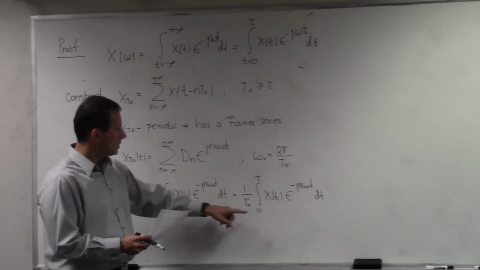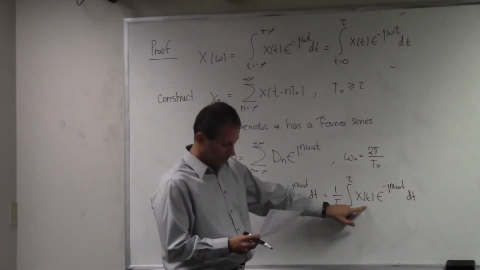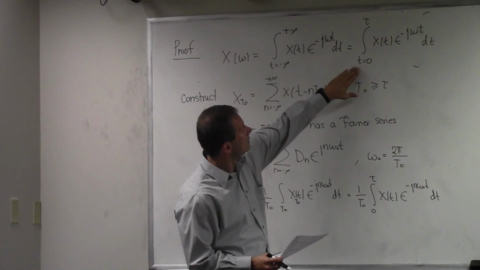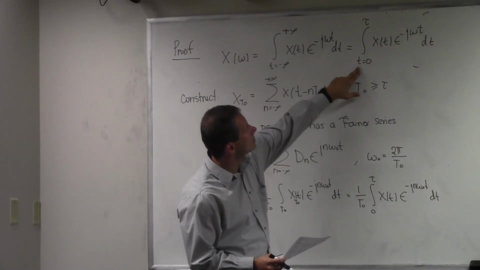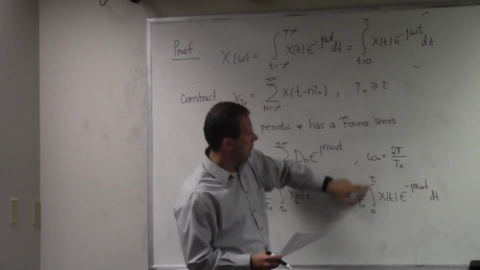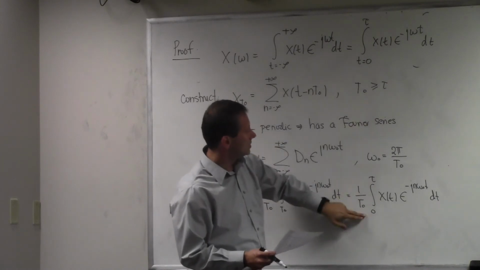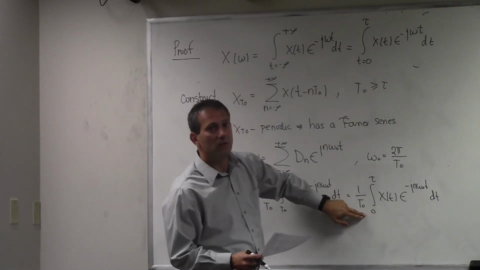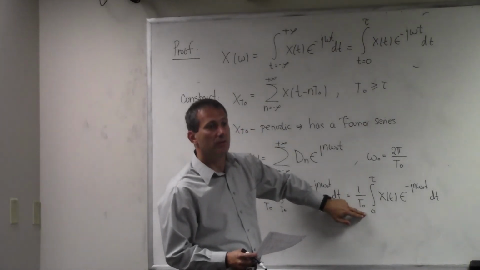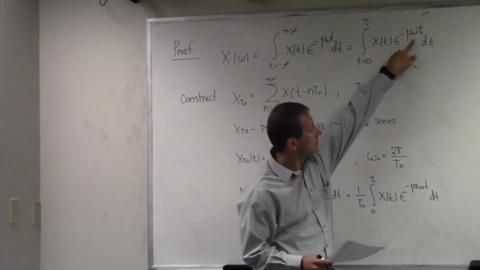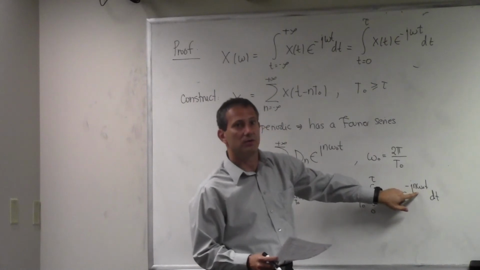But if you look at what this is, this is a Fourier transform of this signal. If you compare these two, what is this? This is the value of the Fourier transform at what frequency? Frequency omega equal to n omega 0.